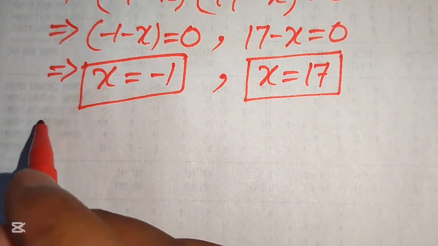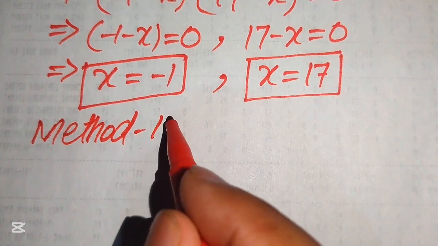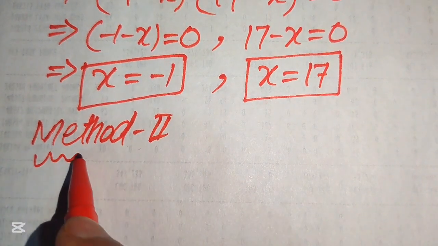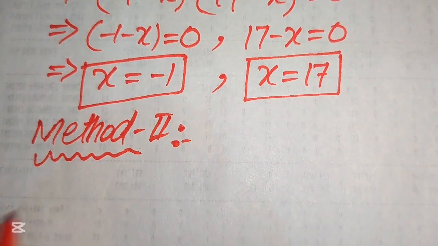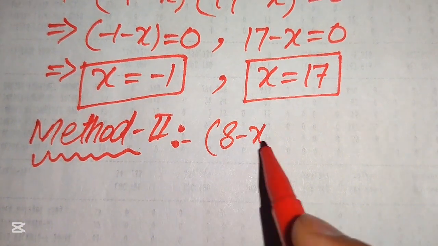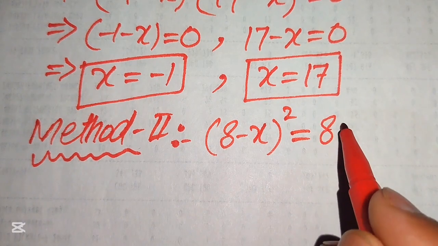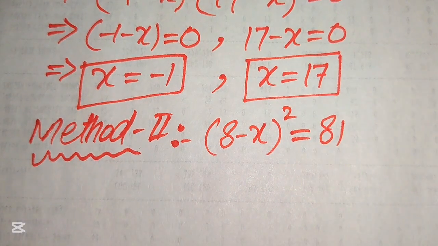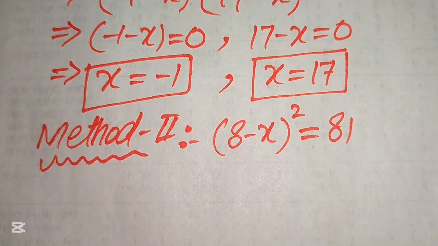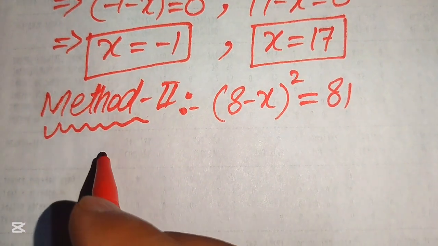Now in the same pattern, we need to solve this problem again for the values of x. For this we copy down the given question statement here, and it will be written as (8 − x)² = 81. So in the second method, we use this nice formula.